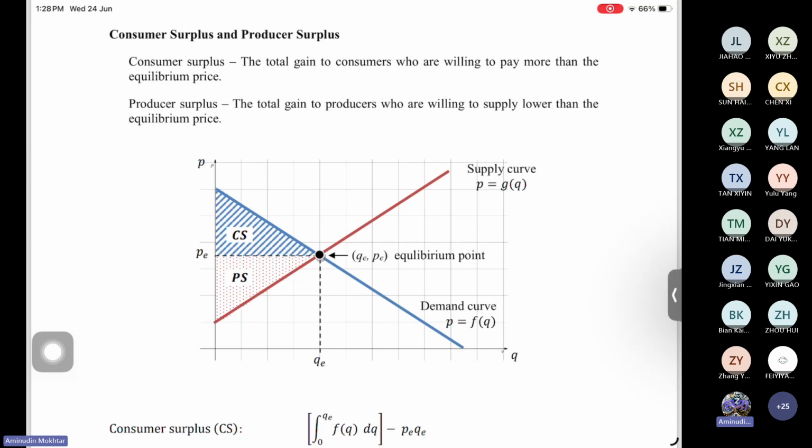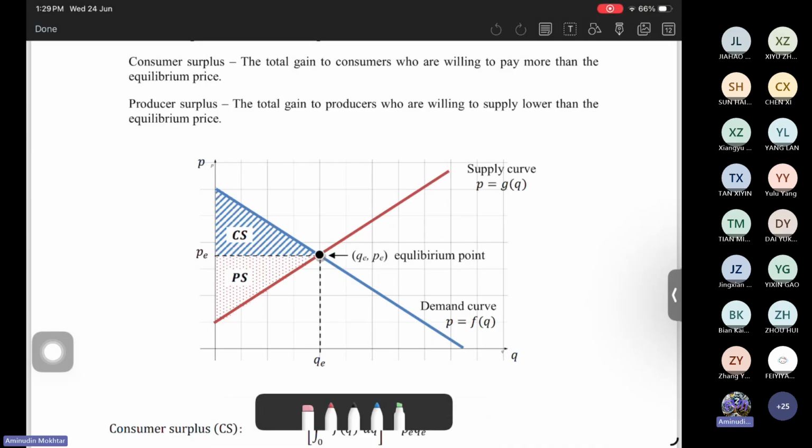I hope for this semester all my students can answer this question. This question is compulsory. Every semester there must be at least one question from this topic. Okay, the topic is about the consumer surplus and producer surplus, lebihan pengguna and lebihan pengeluar.